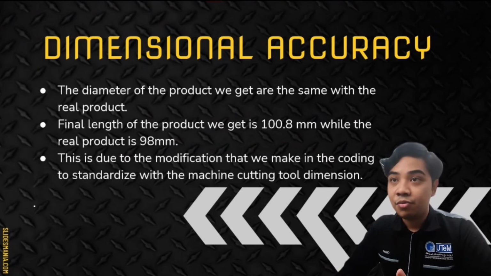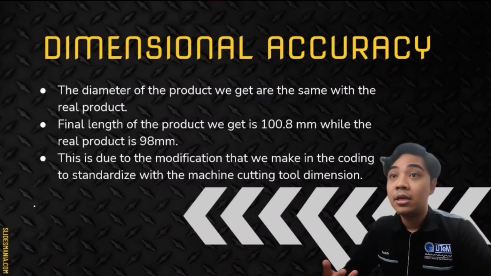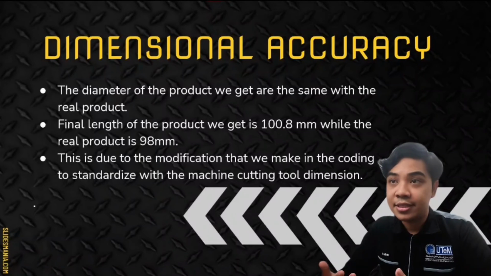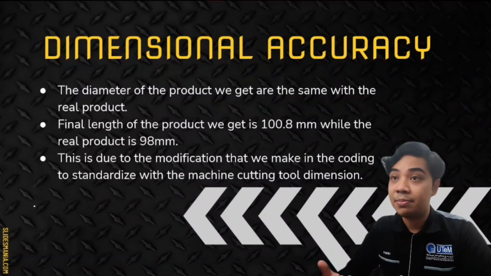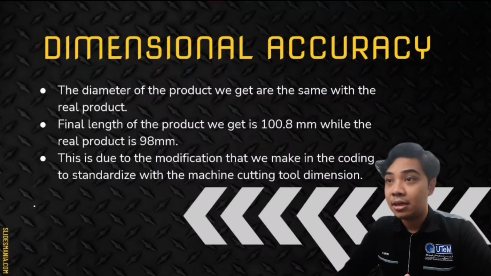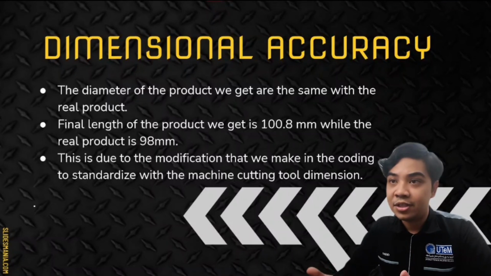From this project, we found that the dimensional accuracy of the finished product is not far off from the actual product. The diameter of the product we got is the same as the real product. The final length of the product we got is 100.8 mm, while the real product is 19.8 mm. This is due to the modification that we made in the coding to standardize with the machine cutting tool dimensions.